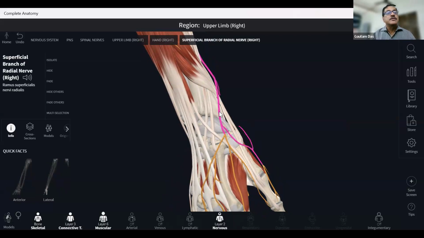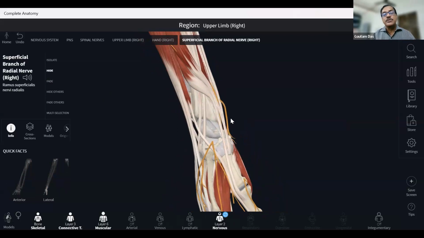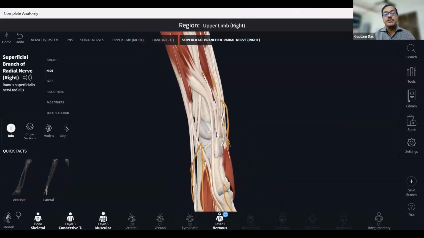Let me hide it. Then this was your first compartment muscles, abductor pollicis longus. This one is your abductor pollicis longus, extensor pollicis brevis.